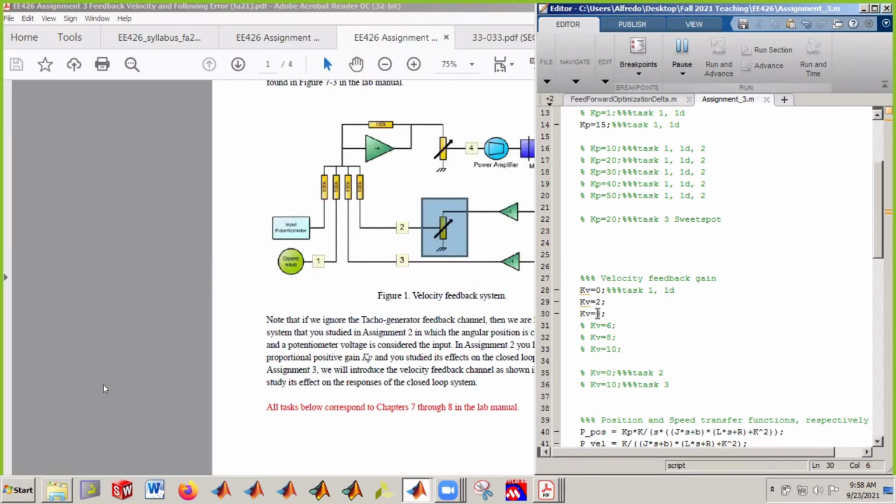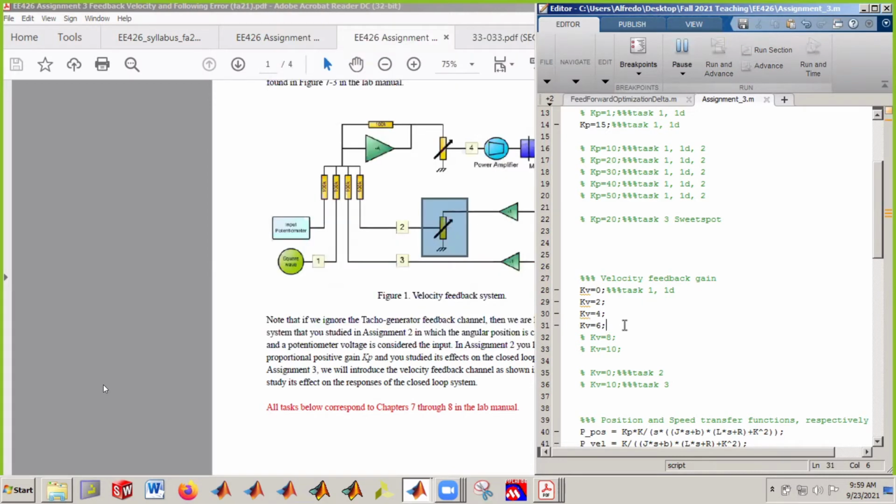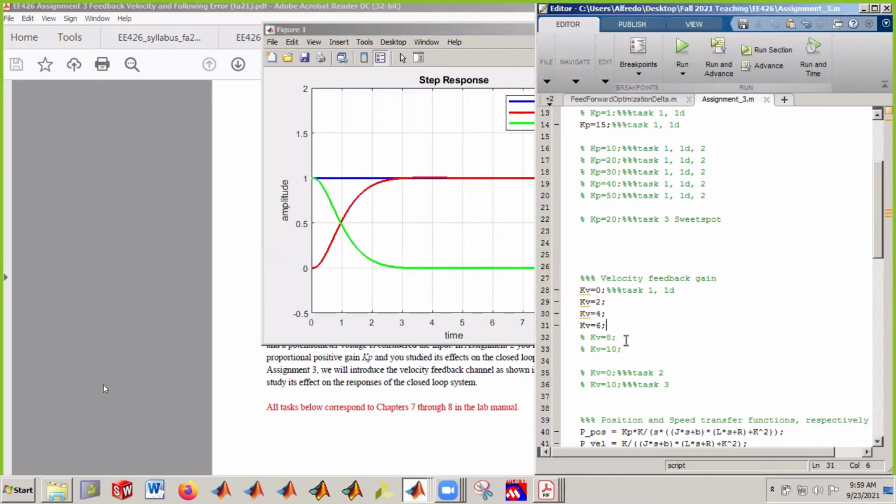So now KV is equal to 4. I'm just incrementing this KV in steps of 2. Let me make it KV equals 6. KV equals 8.